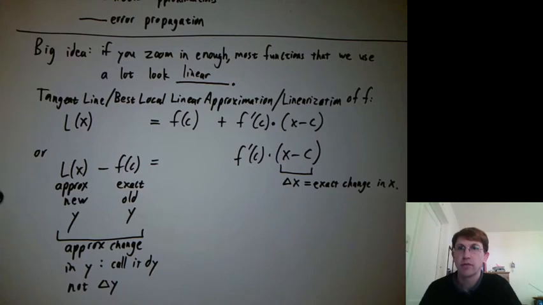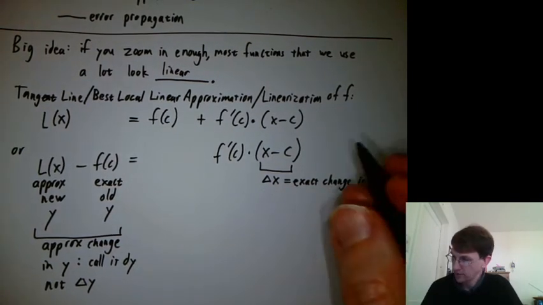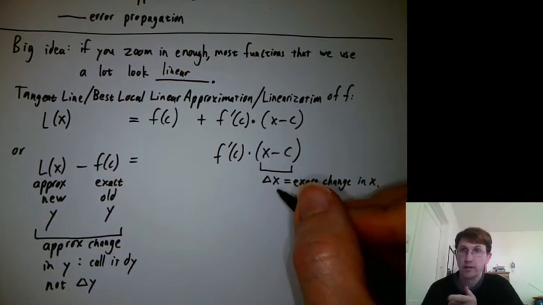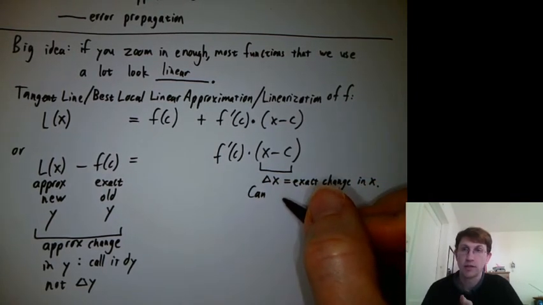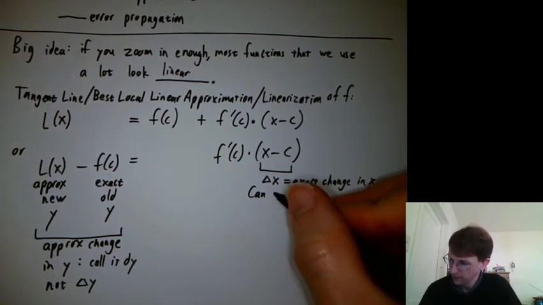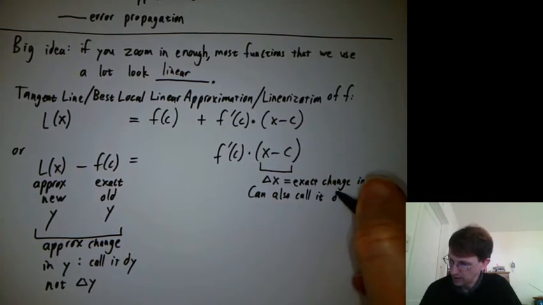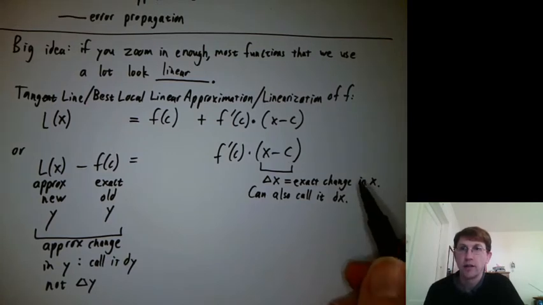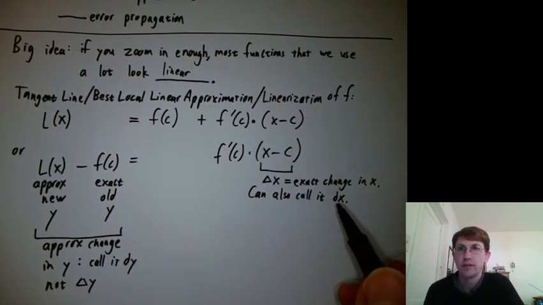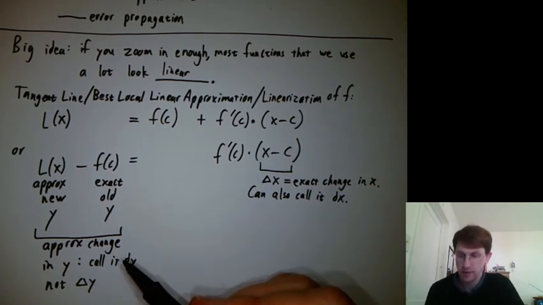If someone asks me for the approximate change in x, well, it's easy enough to compute the exact change in x. So we can also call it dx. That would be the approximate change in x. It's just an extremely good approximation because it's exact. So we can also call this dx. Okay, so we've got delta x, which is the same thing as dx. We've got delta y, which is not the same thing as dy.